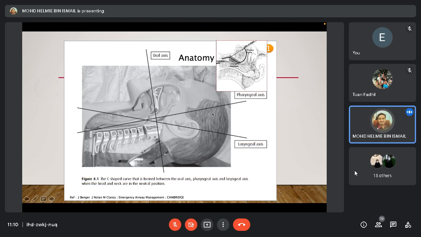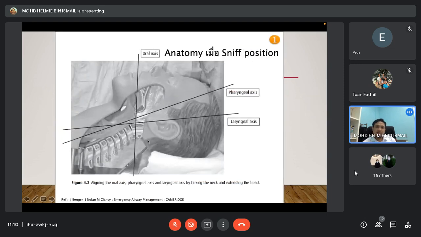Then we have the pharyngeal axis and also the laryngeal axis. And then of course we have the 2 curves, the primary curve and also the secondary curve.